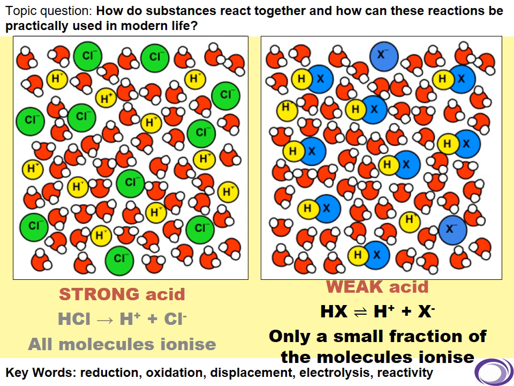If you look at these two diagrams, these would be of a similar concentration because they've got similar numbers of acid particles in them, but the one on the left would have a much lower pH because it's fully dissociated. So similar concentration, however different pH values.